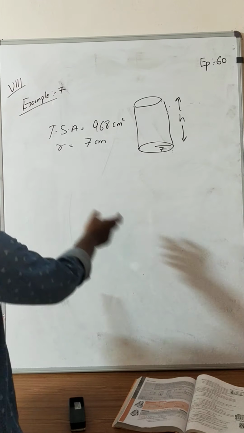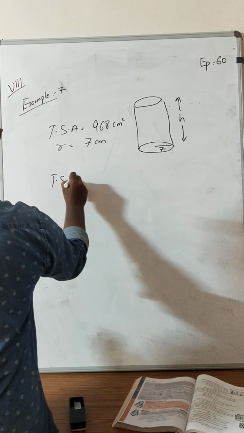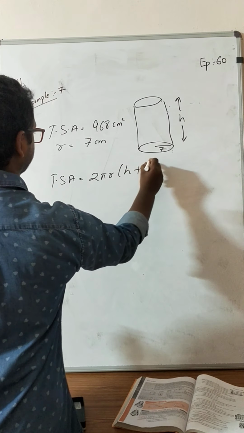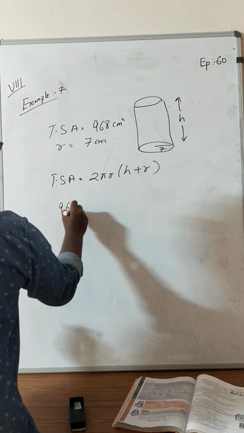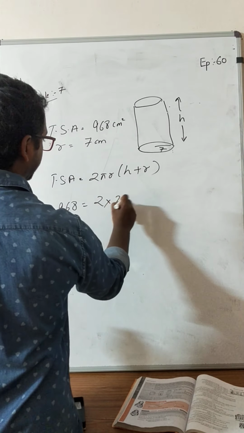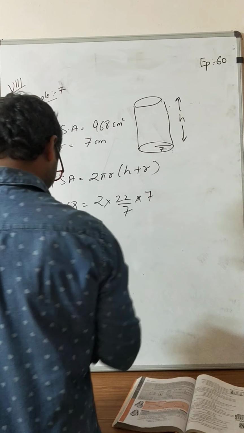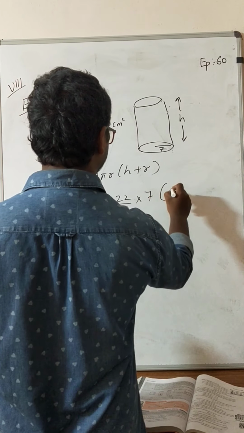Let us apply the total surface area formula. Total surface area is equal to 2 pi r (h plus r). Here we know the TSA, which is 968. 2 as it is, pi is 22 by 7, radius is 7, and h we do not know.